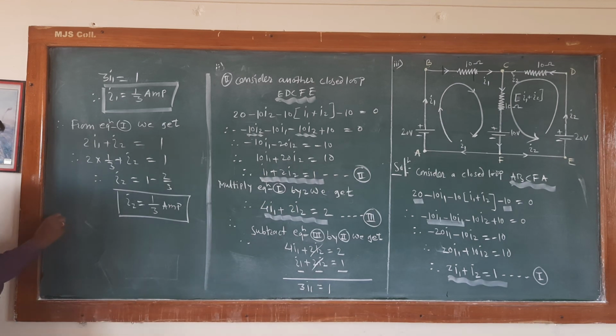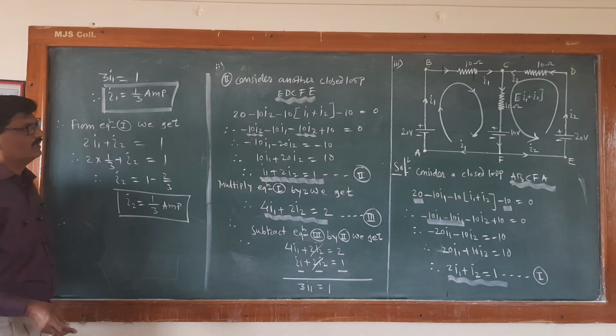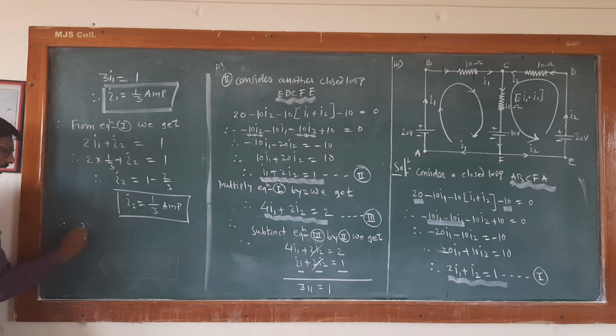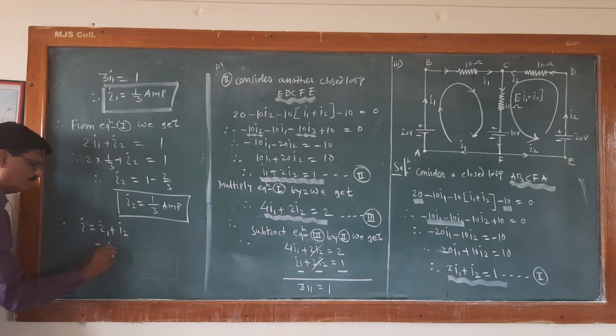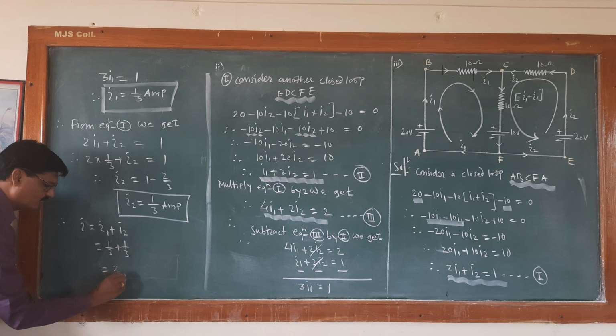And also we have to find the current I, which is equal to I1 plus I2. This is equal to 1 by 3 plus 1 by 3, and after calculating this we get 2 by 3 ampere.